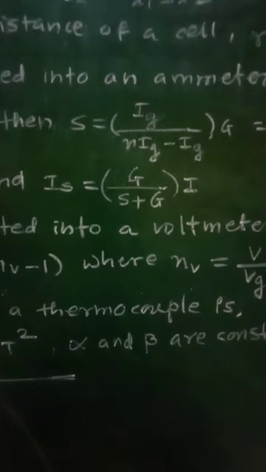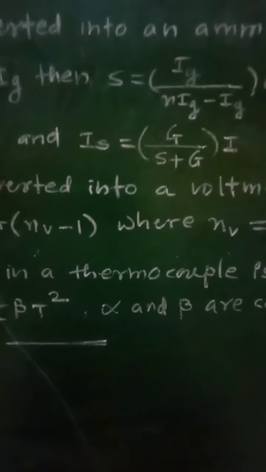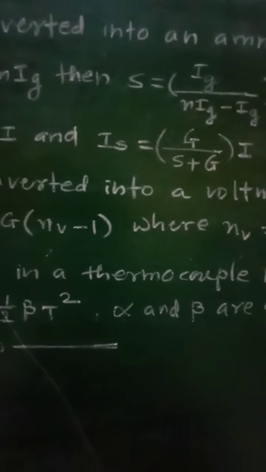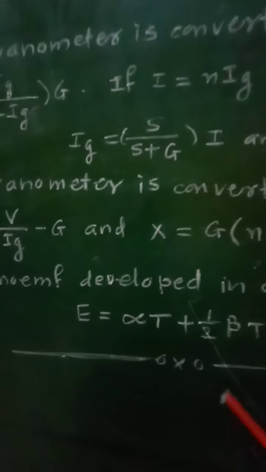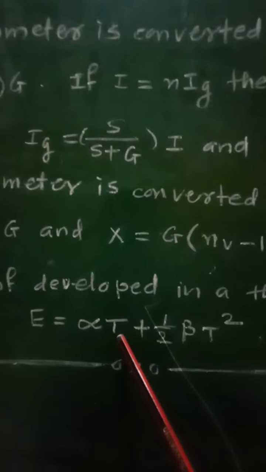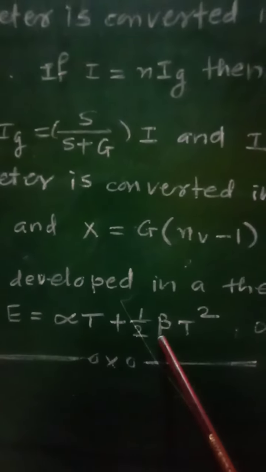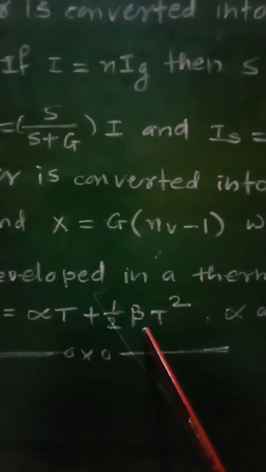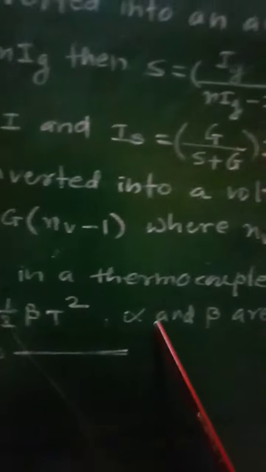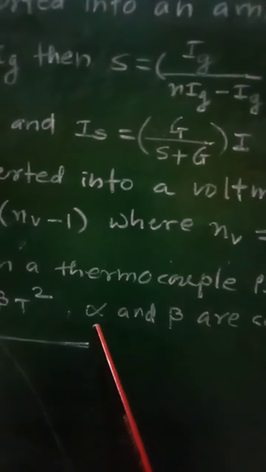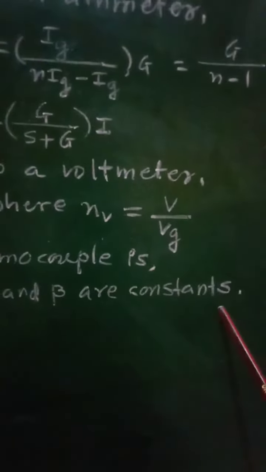At that time, thermo EMF developed E equal to alpha T plus half beta T square, where alpha and beta are the constants.